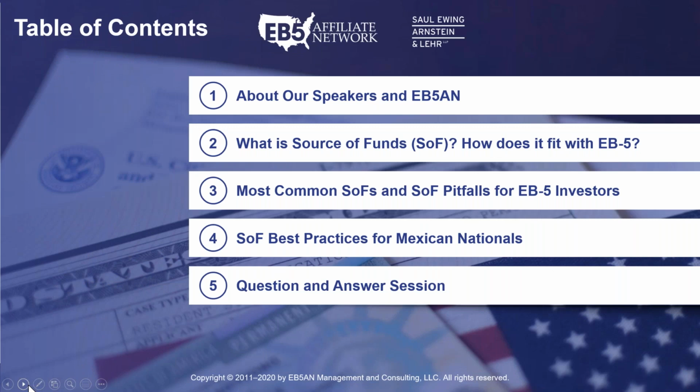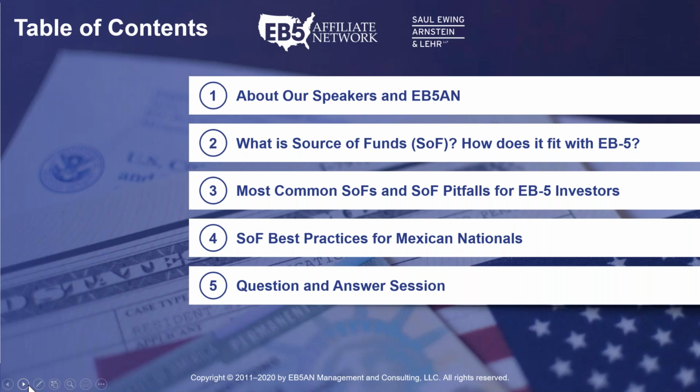So first, to get started, a quick outline of what we're going to cover in the webinar today. First, we're going to talk a little bit about our guest speaker and EB5 Affiliate Network, or EB5AN for short. We'll talk about what exactly is source of funds, and how it fits in the EB5 investment context. We'll talk about some of the most common sources of funds that investors draw capital from to make EB5 investments.